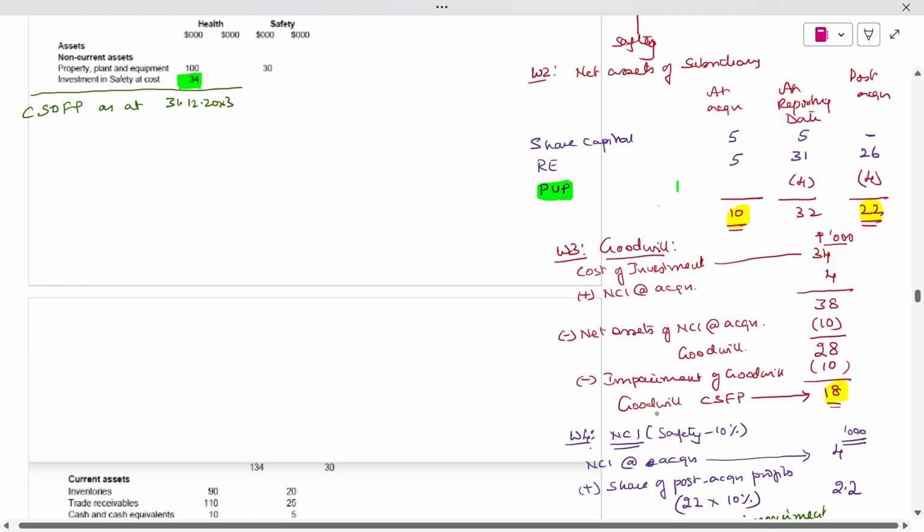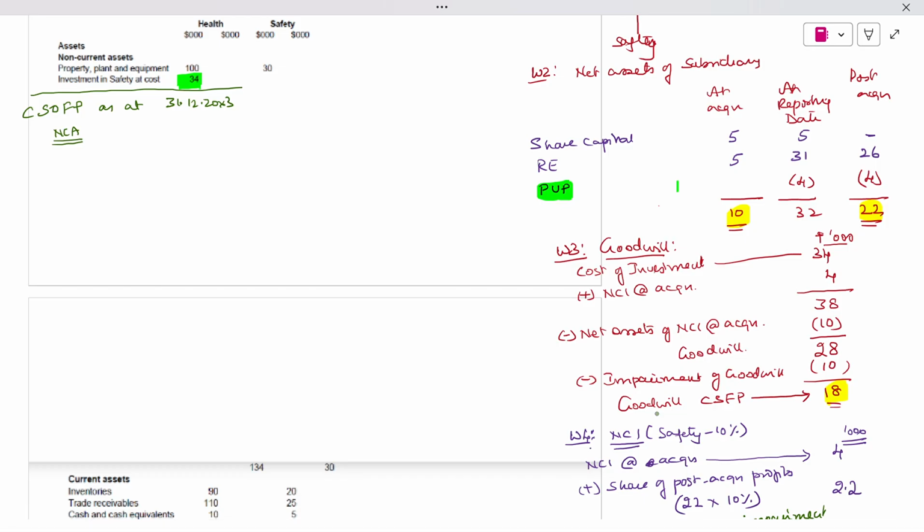Now non-current assets. You have to work it out, you have to review it. So many things will happen. That is the reason you have to be a little bit more quick.